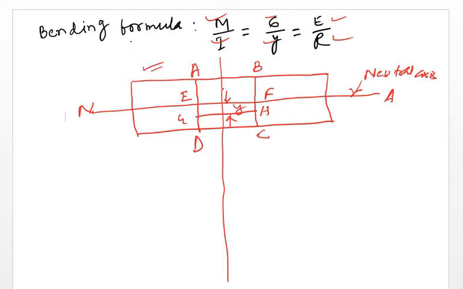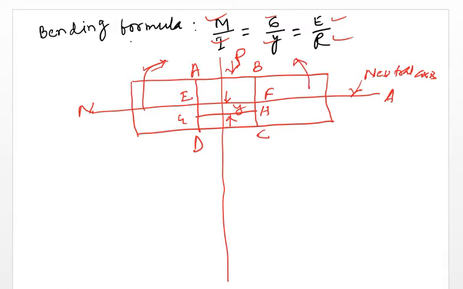Suppose a force or load is applied over here. Let the force be P. What will happen when we apply the load on this beam? Then AB will compress in this direction and oppose in this direction.